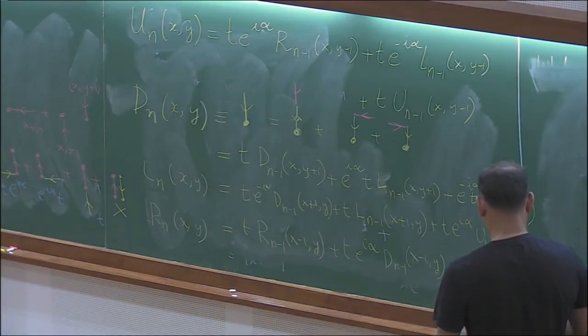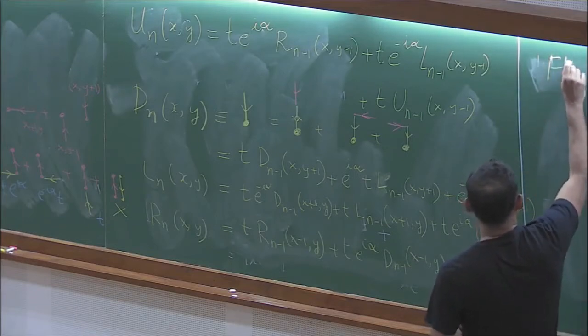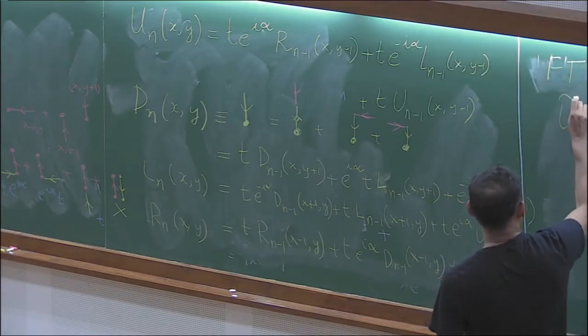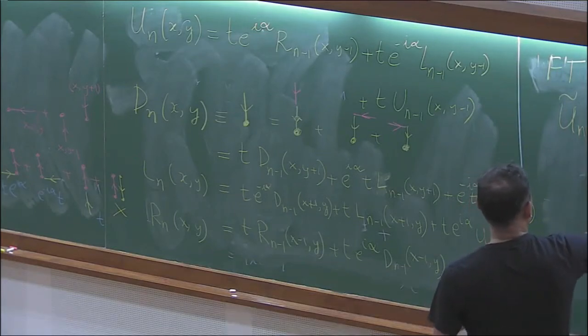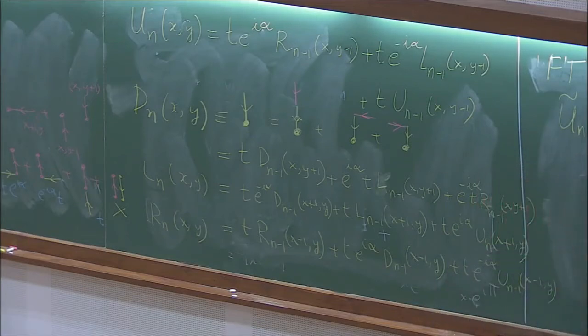Fourier transform: un tilde of kx, ky is the sum over Un of xy, with e to the minus ikx, e to the minus iky. This is my definition of Fourier transform.